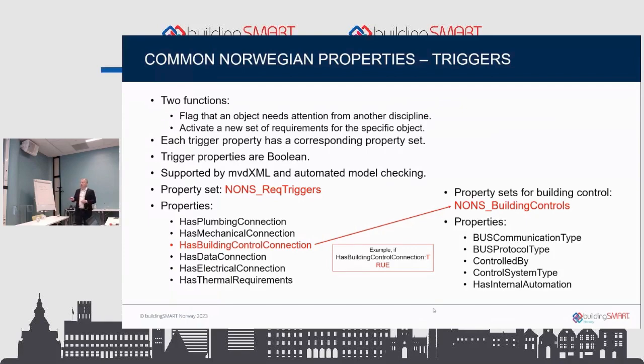And then it triggers: if you have a building control connection, it opens up a number of properties, such as which kind of connection it is, the protocol, and what system it is controlled by. So this is a functionality. We don't have a lot of practice with it, so it's at this point a bit academic, but it's a possibility. So just know it's there, and we have developed it.